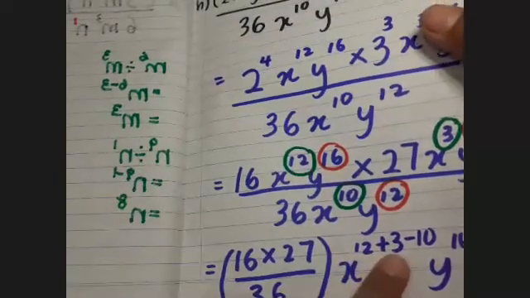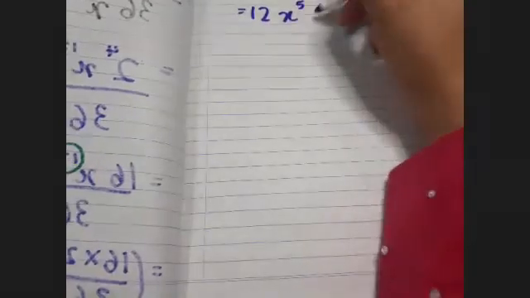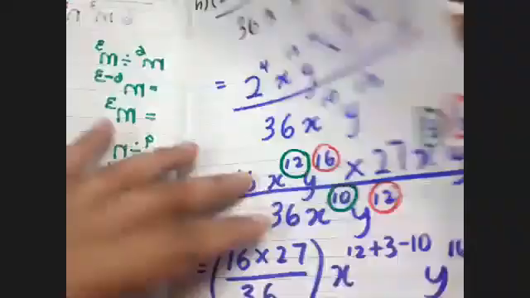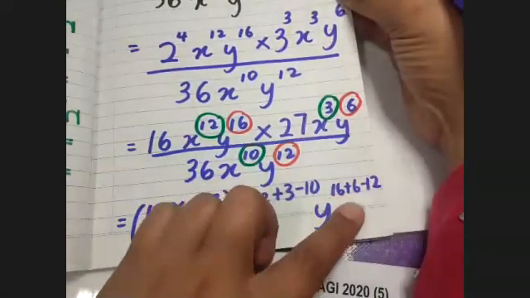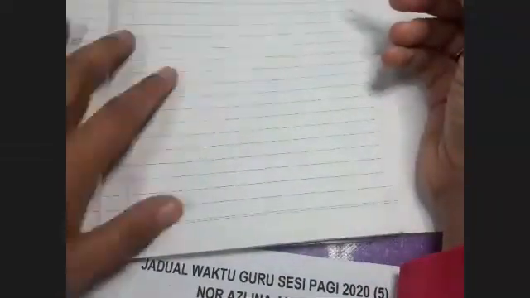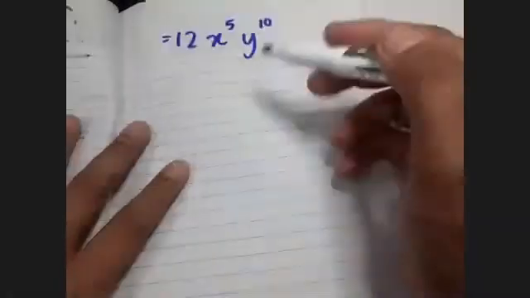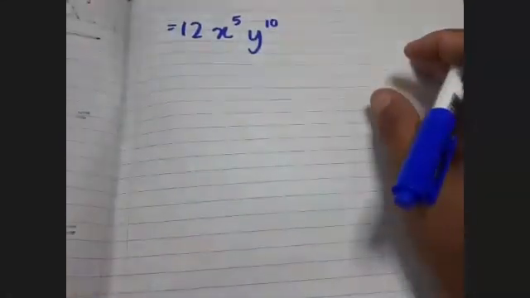You will get 12. x to the power of 12 plus 3, 15 minus 10, 5. Y power of 16 plus 6, 22 minus 12, you will get 10. So 12x power of 5, y power of 10. So this is the final answer.